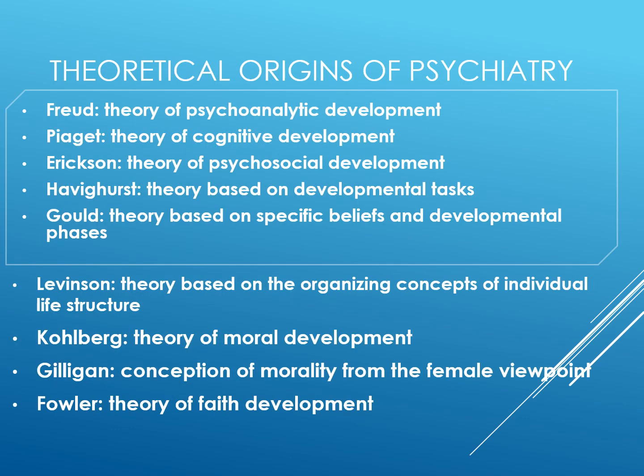All right, so here's a list of some of the theorists, or all the theorists we'll be talking about in this lecture. Freud, theory of analytical development. Piaget has a theory of cognitive development, and that's important for you to know. Erik Erikson has a theory of psychosocial development.